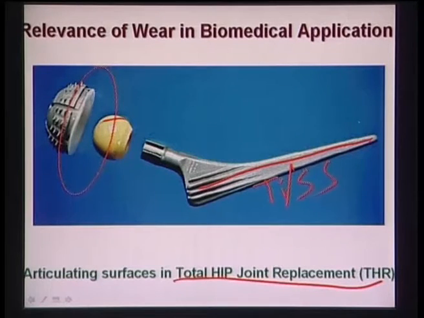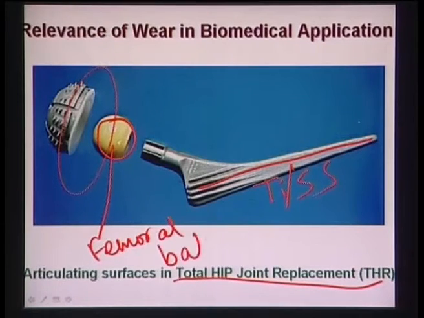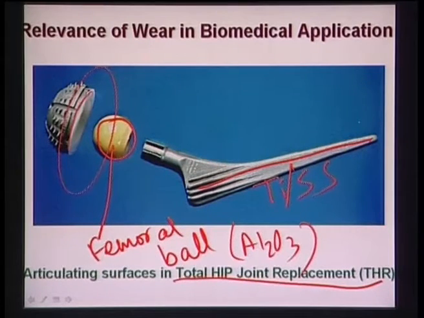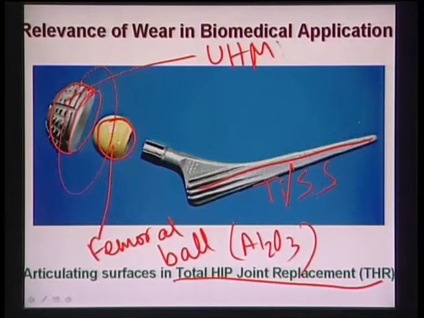Now, this is your femoral ball head. This femoral ball can be made of either metal, stainless steel, or ceramic like alumina or zirconia. And then this is your acetabular cup, which is typically made of ultra high molecular weight polyethylene, or it can be some ceramic surfaces also.